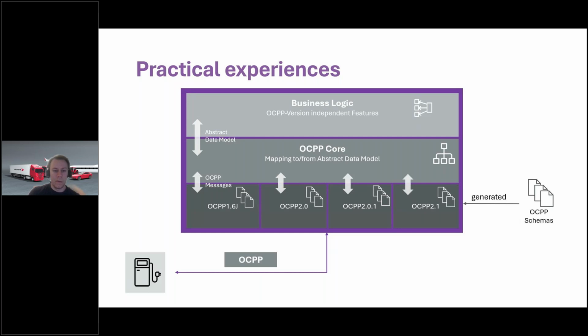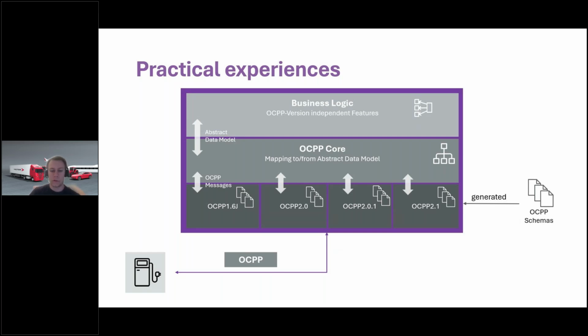And then our business logic works on this abstract data model, generates, for example, the response, and then maps this back into the specific OCPP version, and then this message is sent to a charging station.